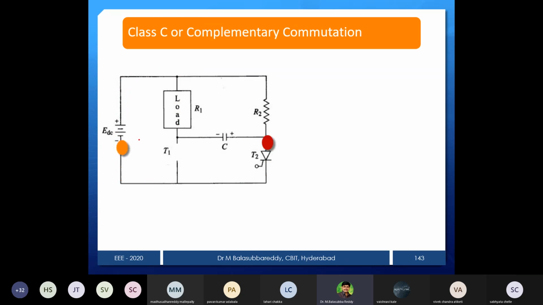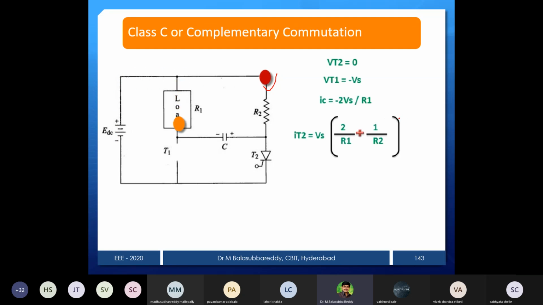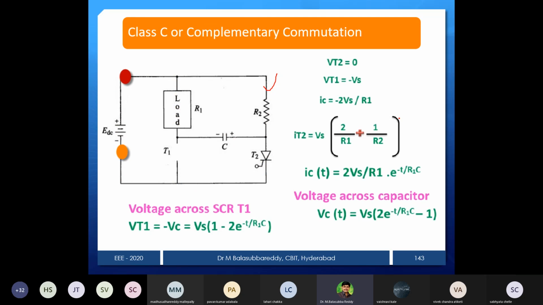And similarly, there is another current, the load current of thyristor T2. It goes to source, then R2, and then T2, and goes to source. So there are again two currents, and again in that scenario, the source currents and all you can represent.